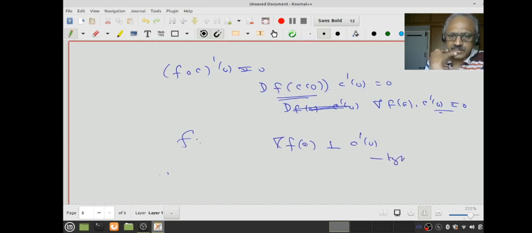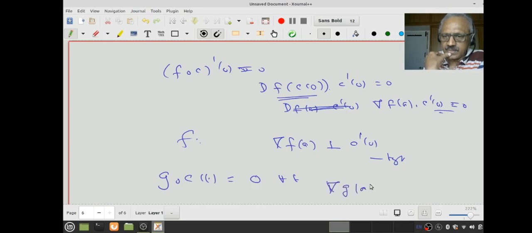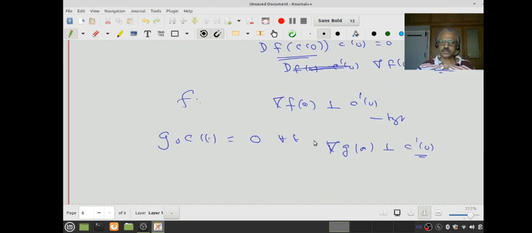And for a similar reason, let us look at G composite C of t. Now G is 0 on S. Therefore, this is always 0 for every t. Similarly, the gradient of G at A is also perpendicular to C prime 0. So the gradient of f at A is perpendicular to all tangent vectors intuitively, and the gradient of G at A is also perpendicular to all tangent vectors.